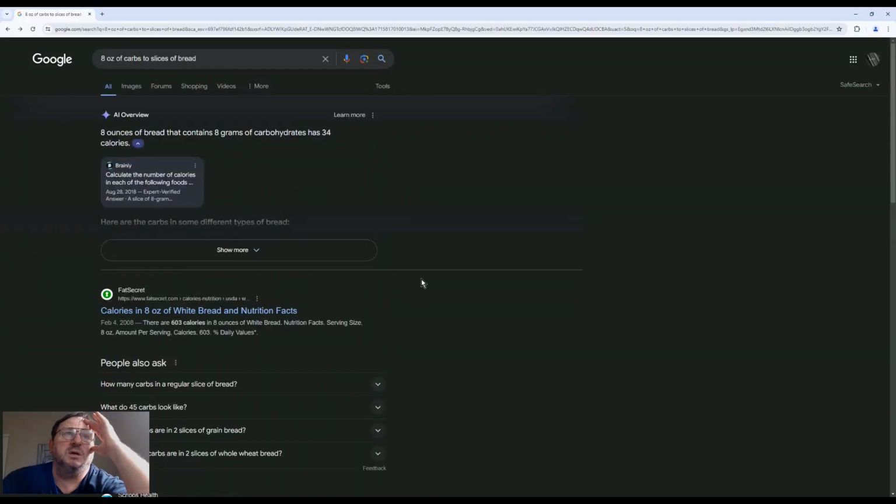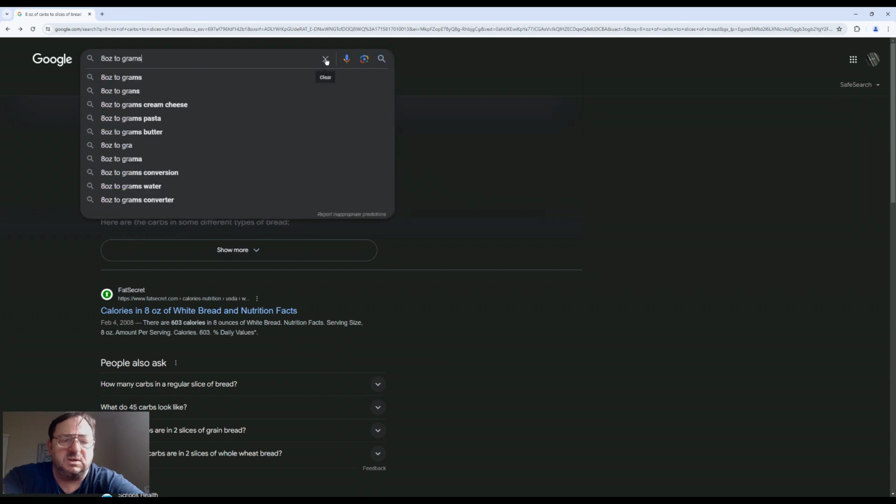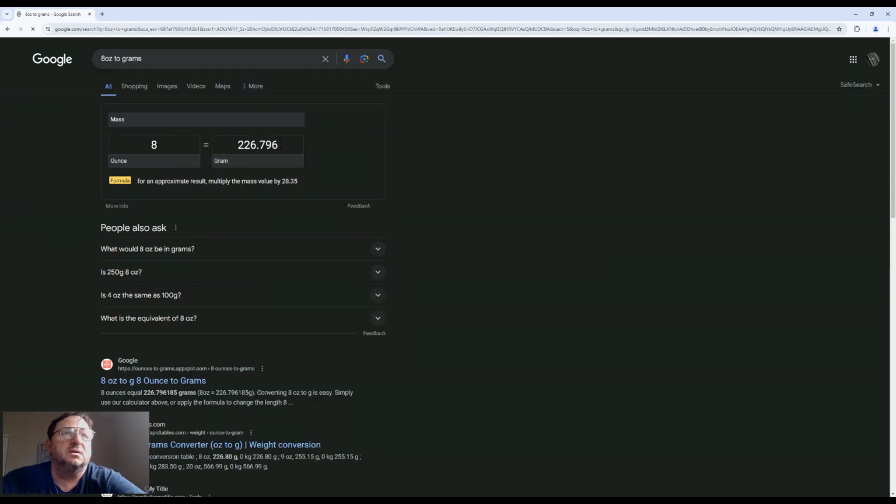So anyway, 8 ounces of carbs. Let's hold on. What I need is, I like actually convert to grams. 8 ounces to grams. I'm a grams kind of guy. So 8 ounces is 220 grams. That's a lot of grams actually.